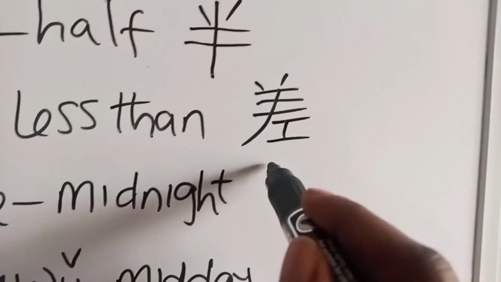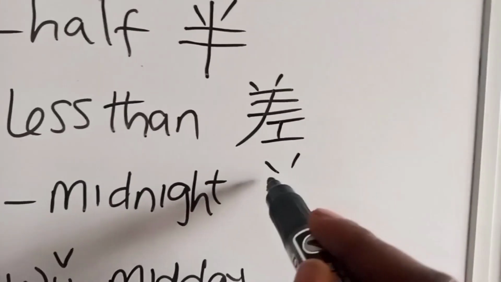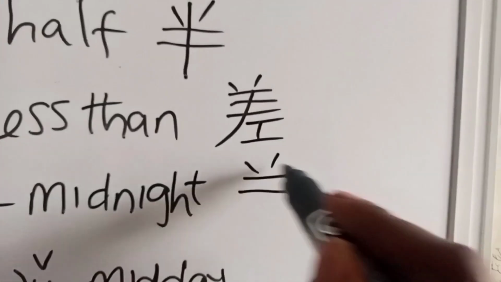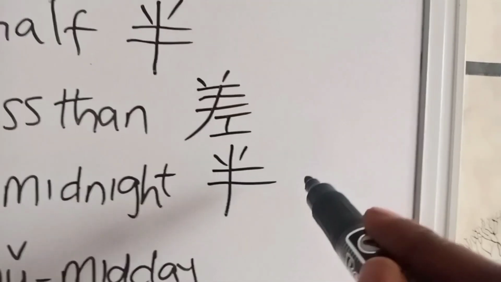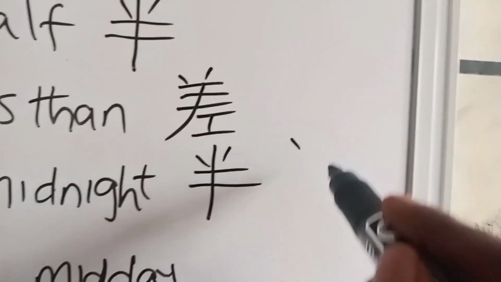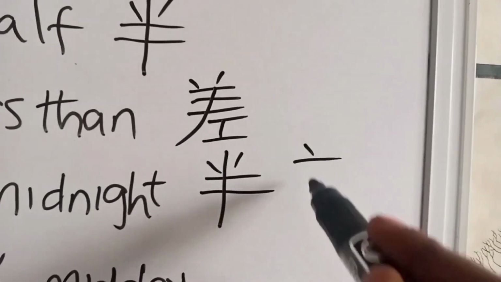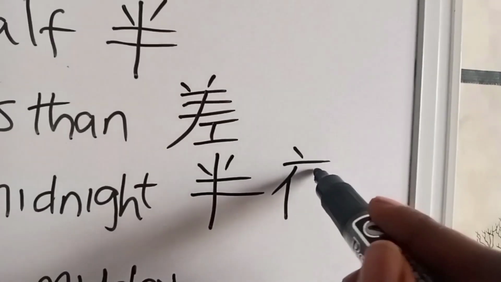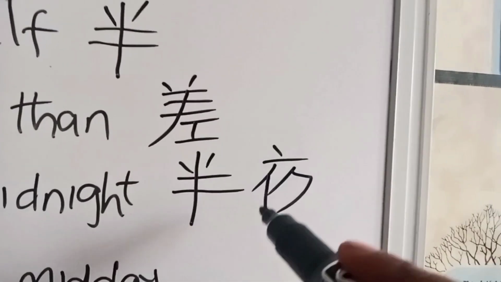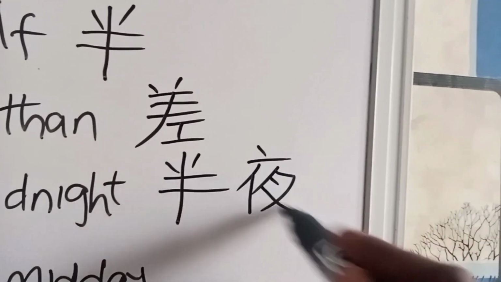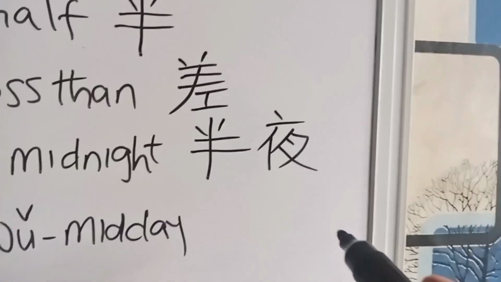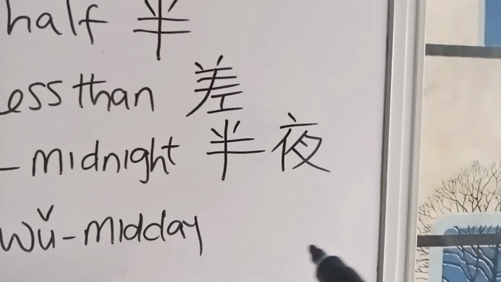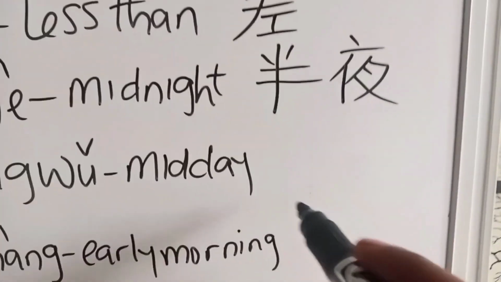And that is 1, 2, 1, 2, divide it. Then see how to write here. Like this. Do this radical that you have in Ni. And then do this, this, and this. That is ye. Ban, ye. It means midnight.